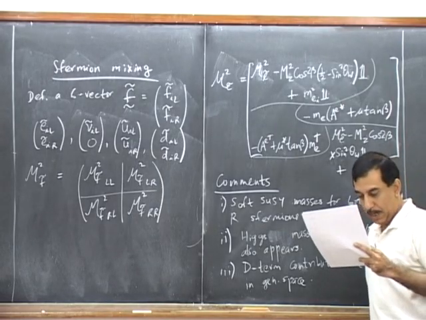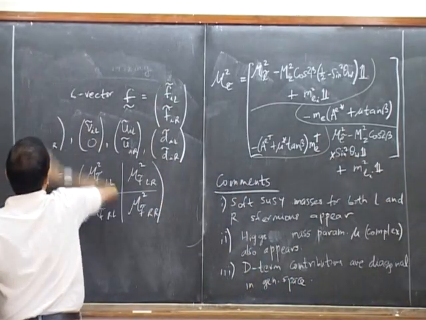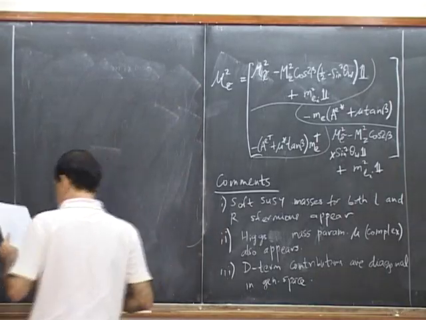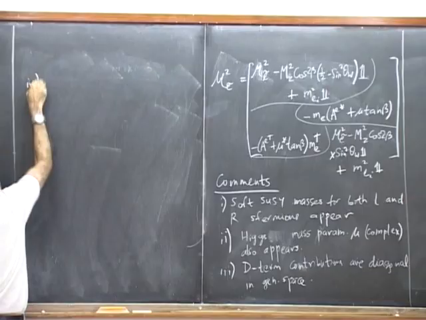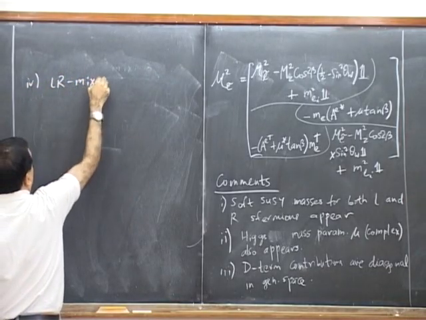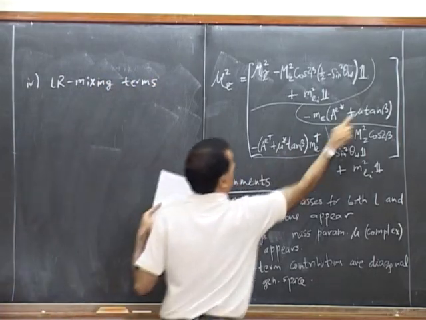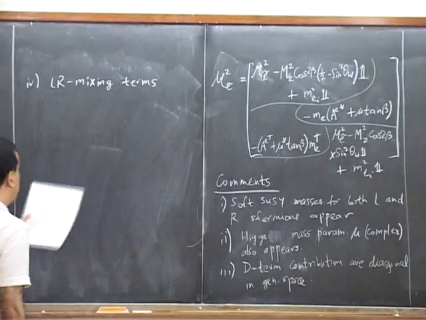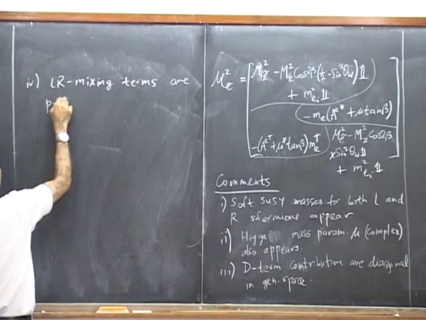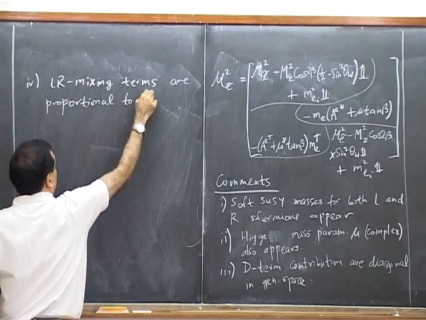Okay, and the fourth comment is that LR mixing, that is the off-diagonal terms here and here, are proportional to fermion masses.